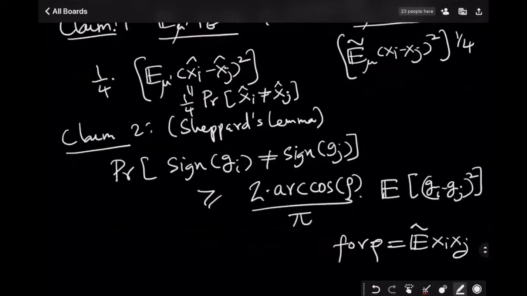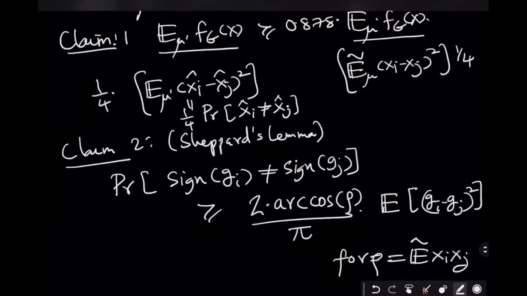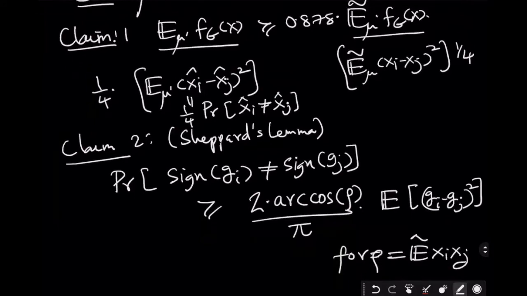So this Shepard's lemma is trying to understand the probability that, once you take the sign of the Gaussian, the signs of two correlated Gaussians are unequal. Remember, x hat i and x hat j are signs of g_i and g_j. So on the left-hand side, you have the probability that they are unequal, and by what we just discussed, this allows you to compute the left-hand side of the inequality in claim 1. On the right-hand side, you have a certain ratio appearing. Let's ignore that for a second.